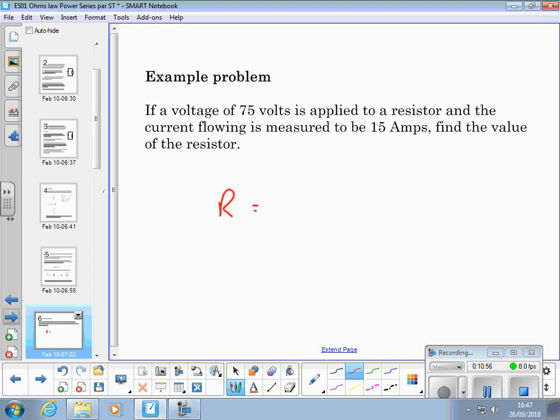R is equal to V over I. I do like people to get that habit of writing the formula down, putting the numbers in. So V is 75, R is 15, and then putting the answer. 75 over 15 is 5 ohms.